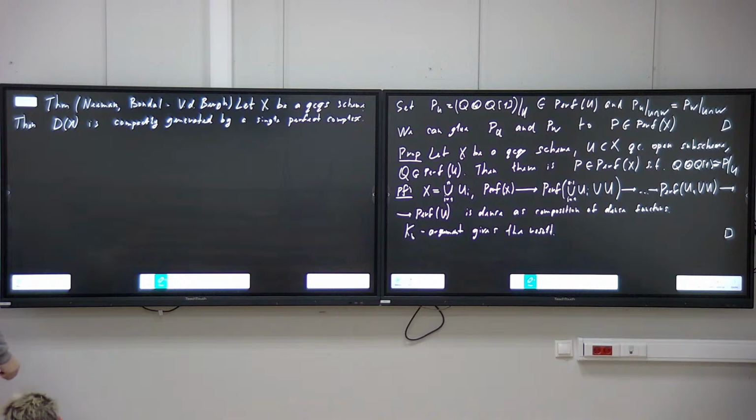So it's like in the affine case, where you can take this single perfect complex to be just the ring. In this case, there is just a claim that there is a single perfect complex, and since it is perfect, we know that it's necessarily compact.